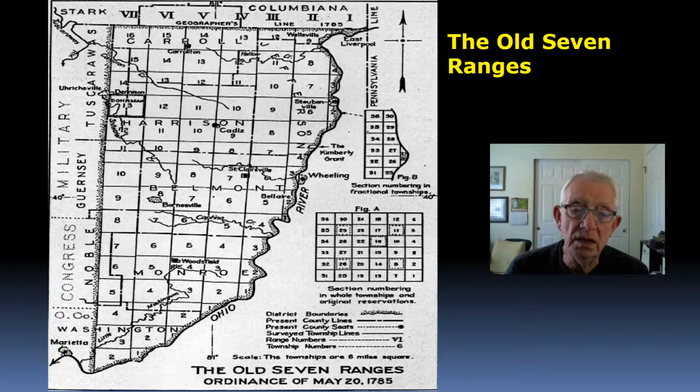If you take a look at figure A on this map, that's a figure of a township, you'll notice that the sections start with section 1 in the southeast corner and go north to section 6. And then they come back down to section 7 and go north to section 12, and so forth and so on, to section 36 in the northwest corner of the township.